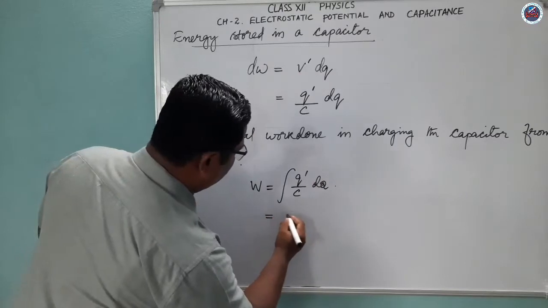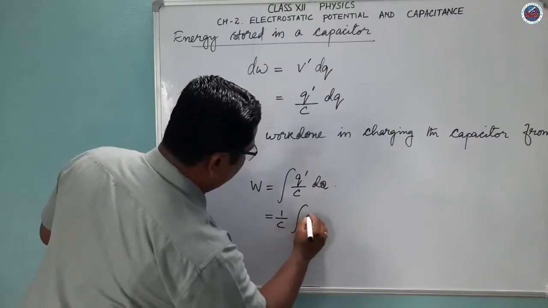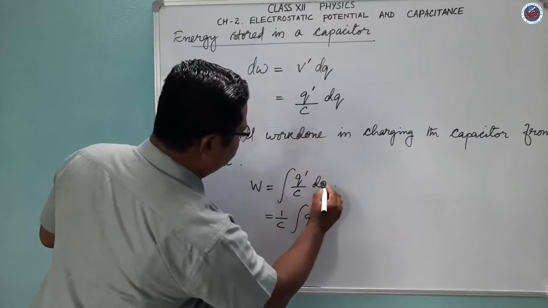This one you can write as 1 by C integration of Q dash dq.